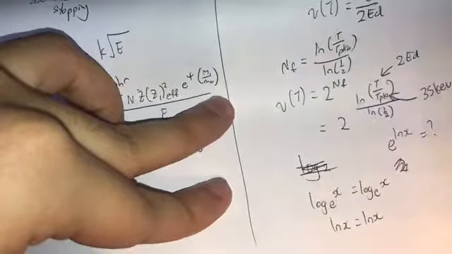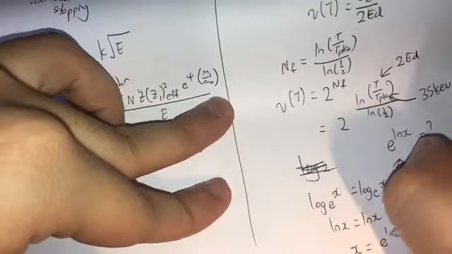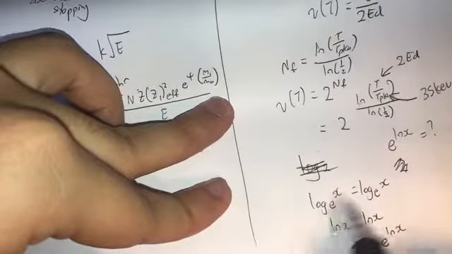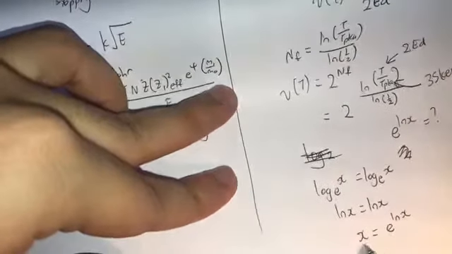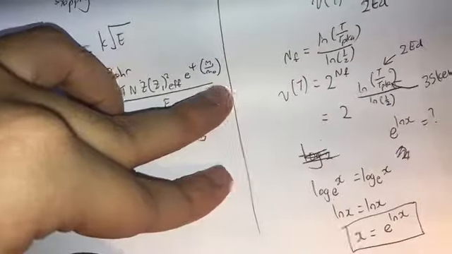From the definition of the logarithm, x equals e to the power of ln x. That's from basic logarithms.